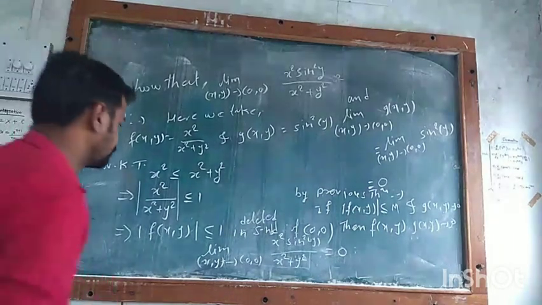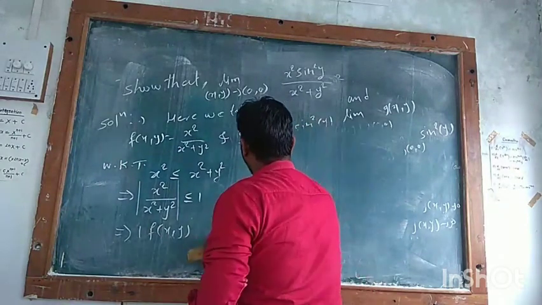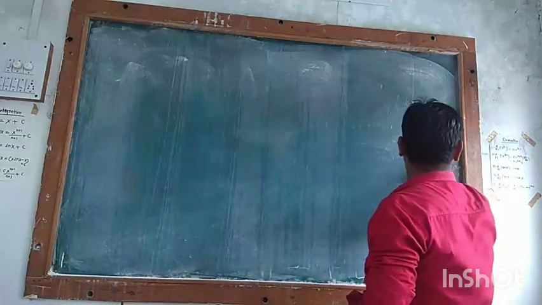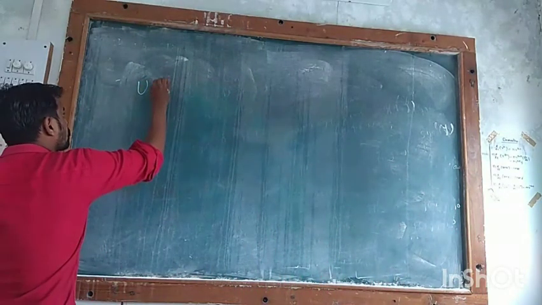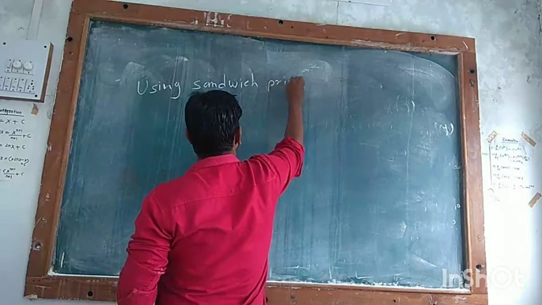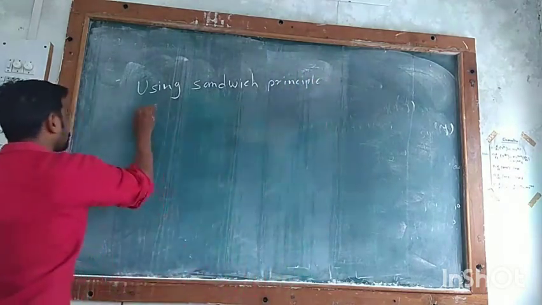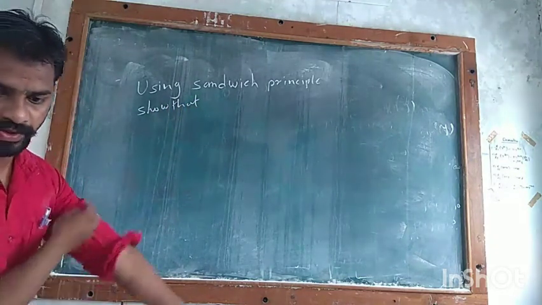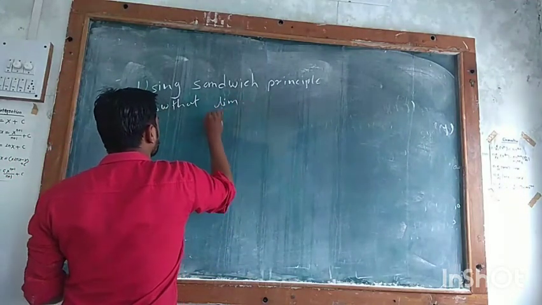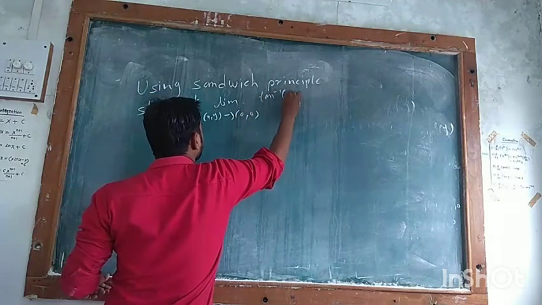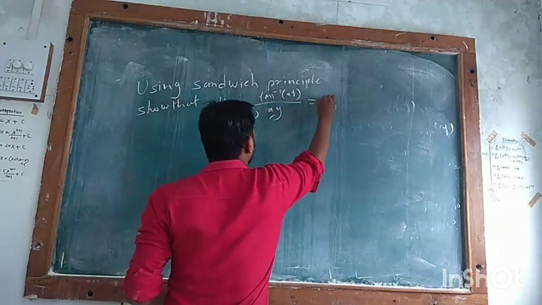Now the next example: using the sandwich principle, show that limit as xy tends to 0 0 of tan inverse of xy upon xy is equal to 1.